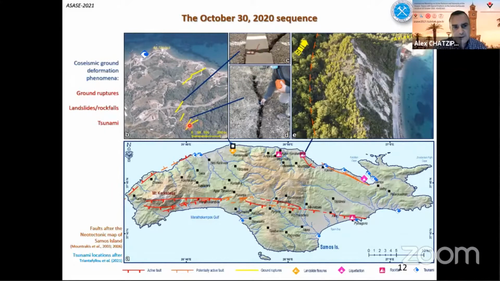And this northeast-southwest strike is something that I'm going to come back to later. This strike here is consistent with the strike of this fault by Mountrakis and collaborators, which is not very clear onshore, but we believe that it is associated with the Ikaria fault to the southwest.